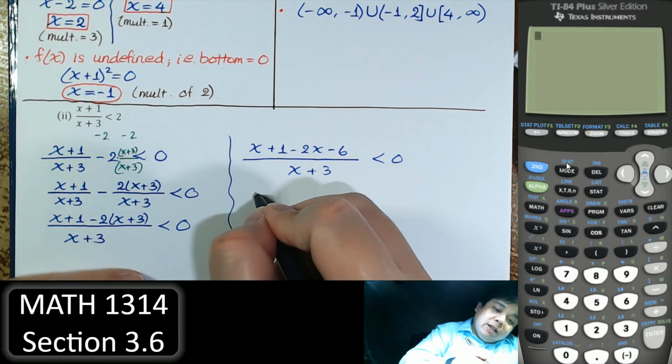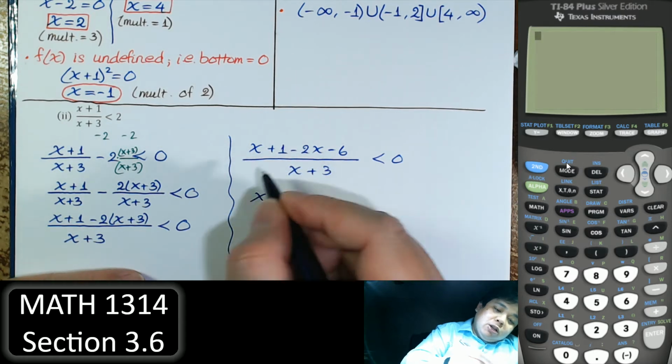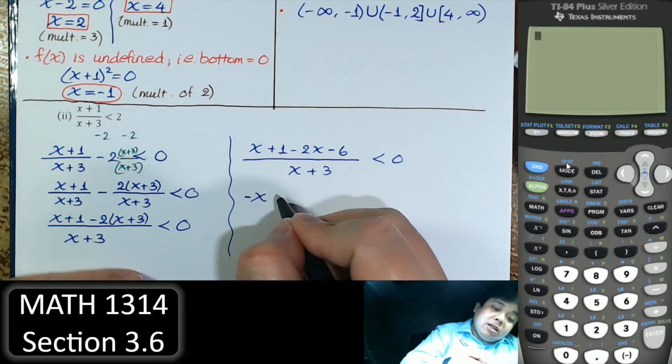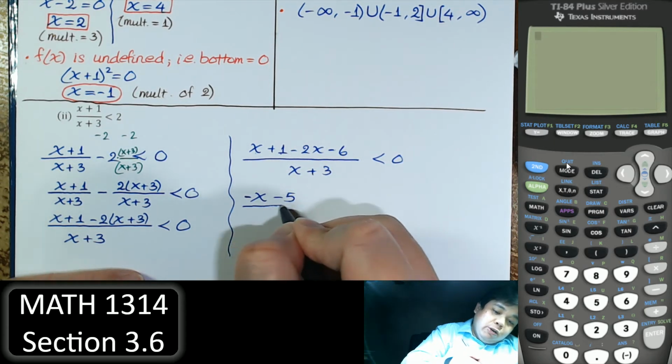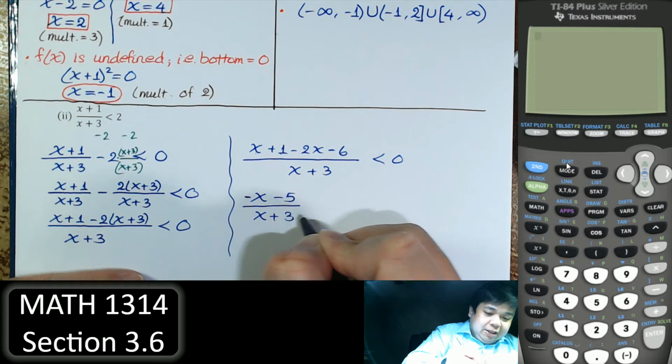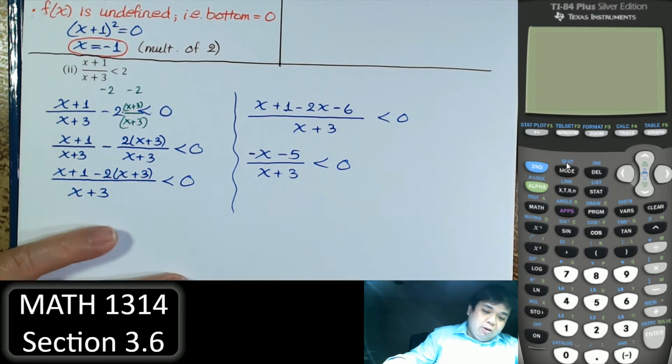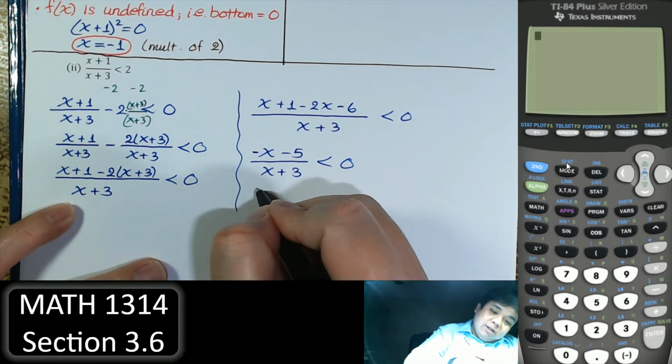So that gives us x minus 2x is minus x, 1 minus 6 is minus 5, over x plus 3. That's less than 0. Right, so this is what we have in the right form, and this is the function.